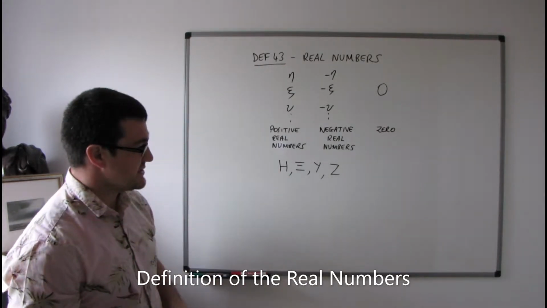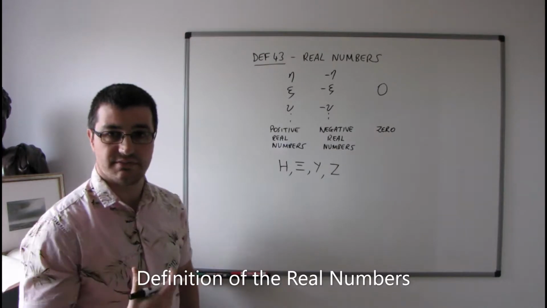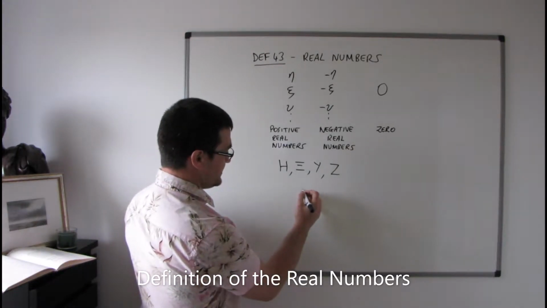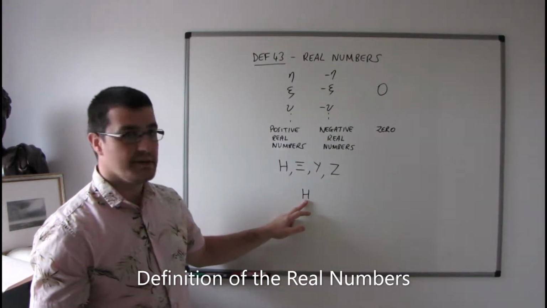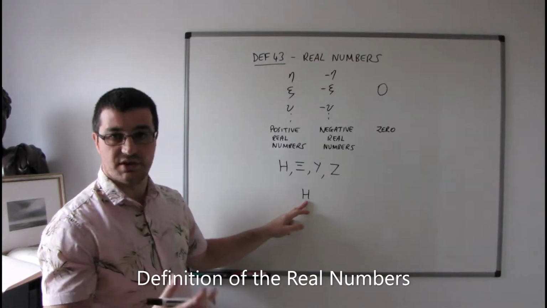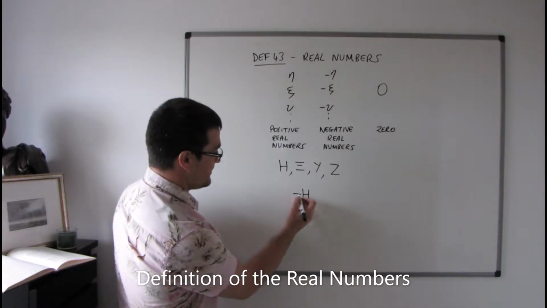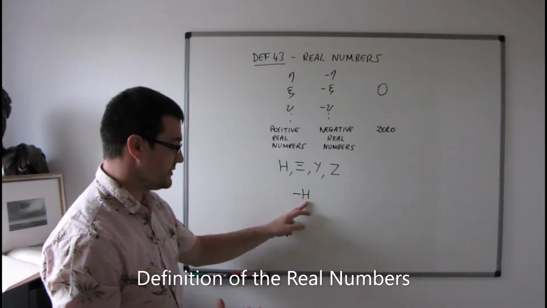So what this means is that there can be a little bit of confusion, at least to start with, because if I say I've got the real number eta, just because it's written like this doesn't automatically mean that it's a positive real number, nor if I write this does it automatically mean that it's a negative real number.